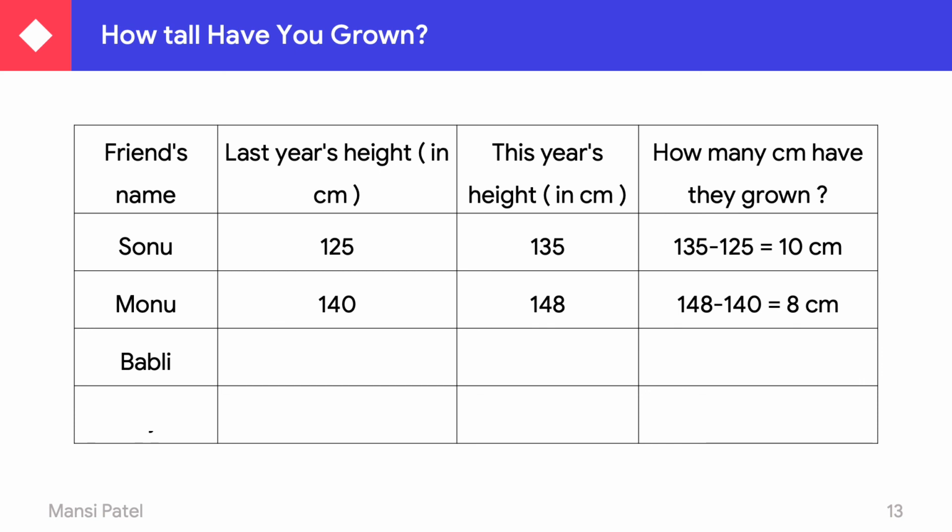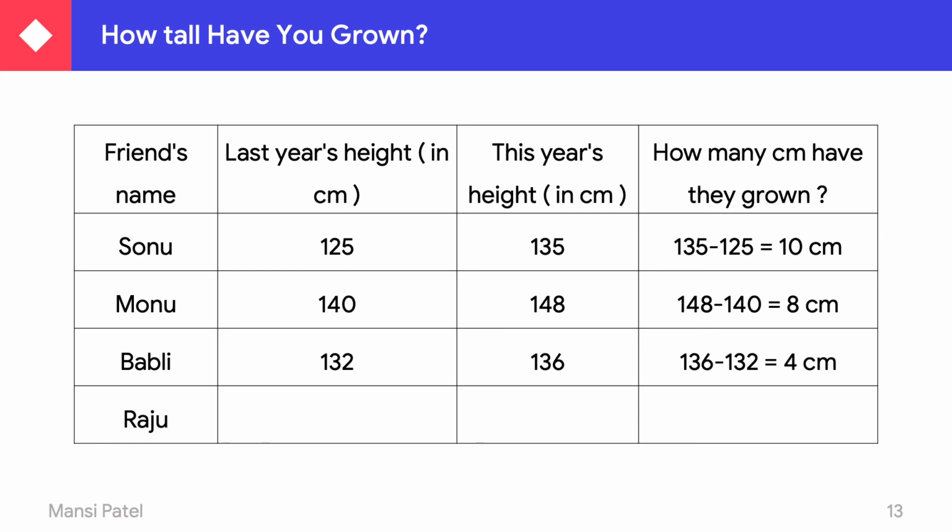Now Bubbly. Bubbly's height was 132 centimeter. Current year it is 136 centimeter. Now the subtraction of these both numbers is 4 centimeter. So we can say that Bubbly has grown by 4 centimeter.